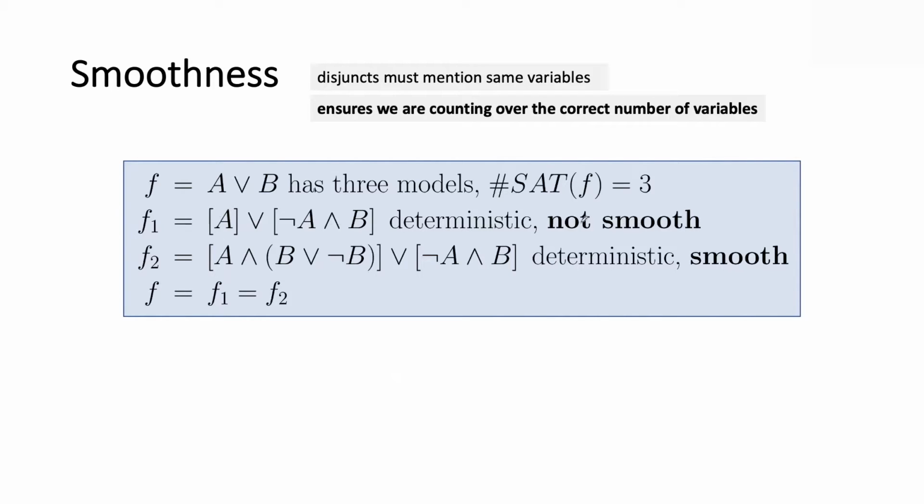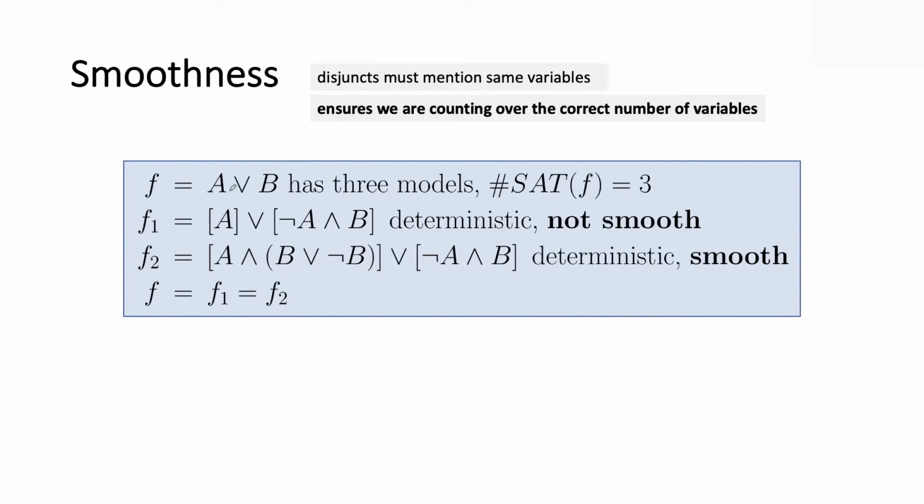But this is not smooth. Why? Because this disjunct contains only A and this contains A and B, and I want them to contain the same variables. I can fix this by taking this guy and conjoining it with the trivial statement that says B or not B, right? This is true. So I just took true and something, and look what's going on now.